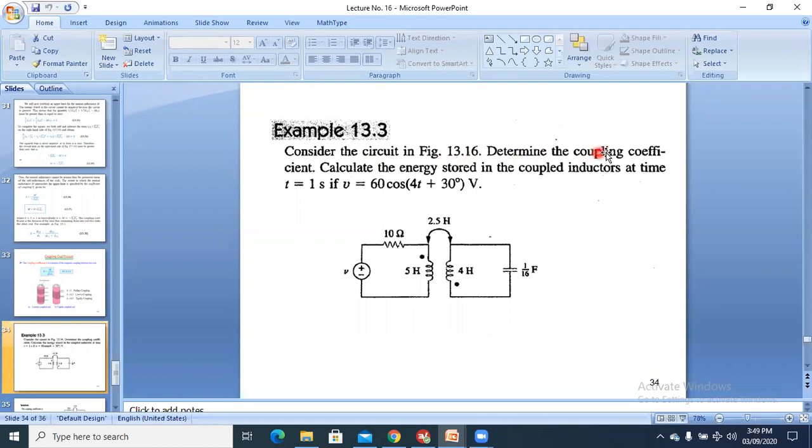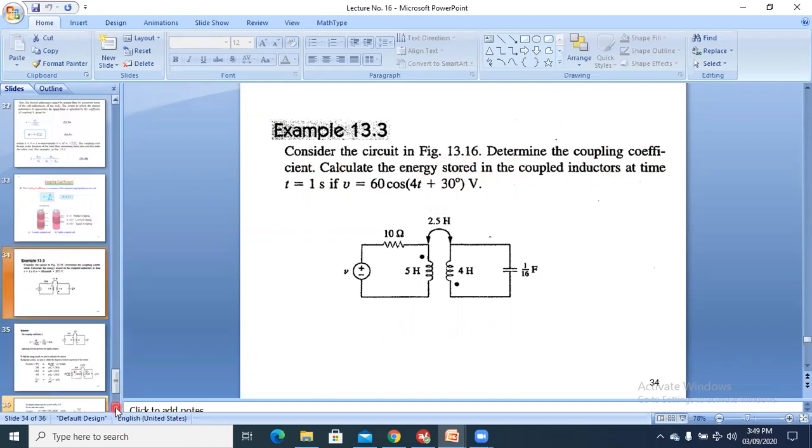We have to determine the value of the coupling coefficient, and we also need to find the energy stored in the coupled inductors at this given time when the applied voltage is known. So that's a very simple problem.